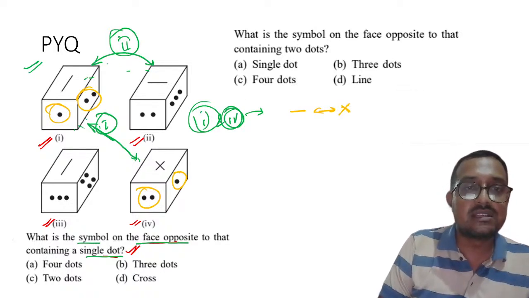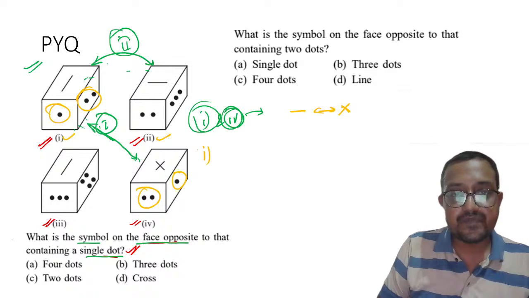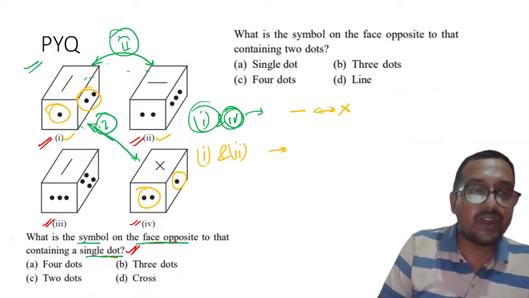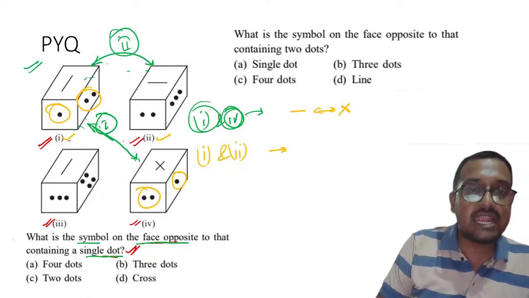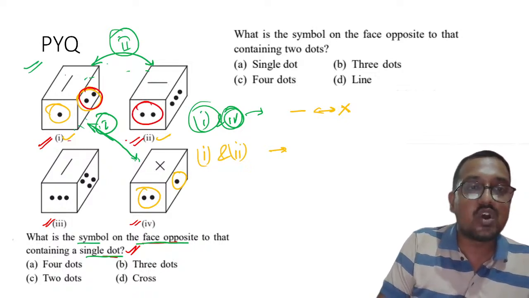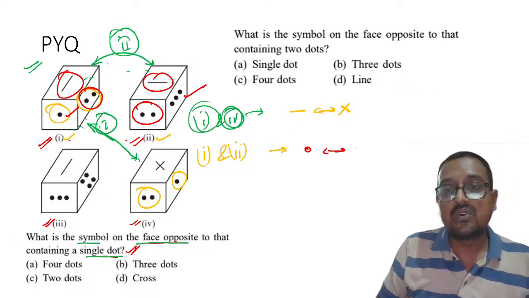If you take second case, that is first and second, I will choose red color. First and second. In that case, you will find that second is common, dash and dash is common. So 1 is opposite to 3. 1 dot is opposite to 3 dots.